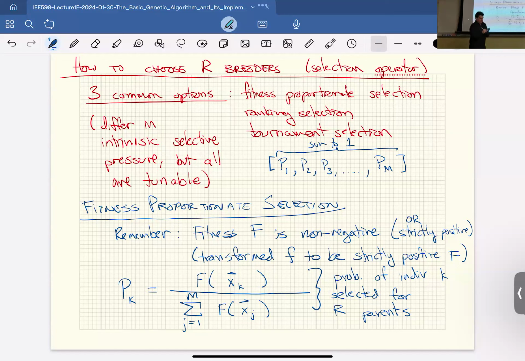Then if you draw a random number R from a uniform distribution between 0 and 1, it's going to fall somewhere between 0 and 1. If it falls between 0 and P1, you select individual 1 for the breeding population. If it falls between P1 and P2, you select individual 2. If it falls between P2 and P3, you select individual 3, and so on.